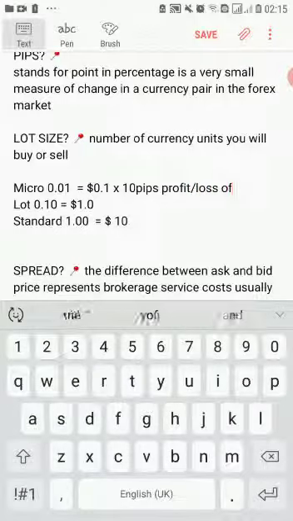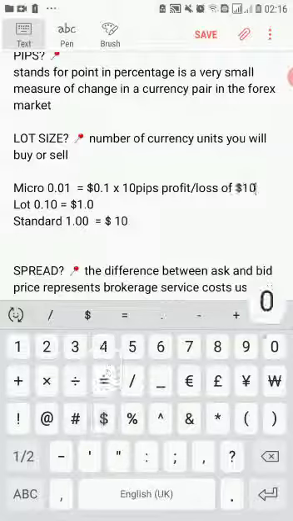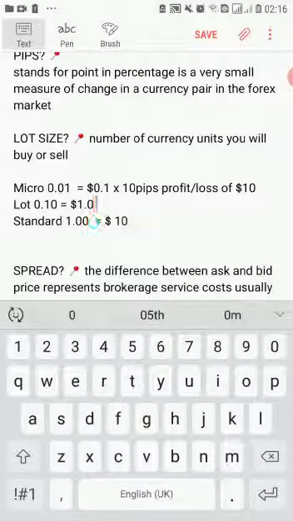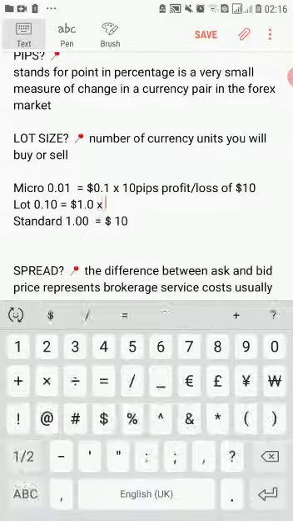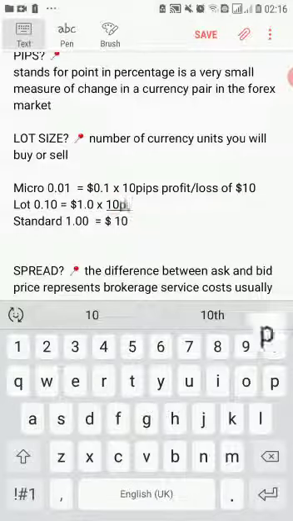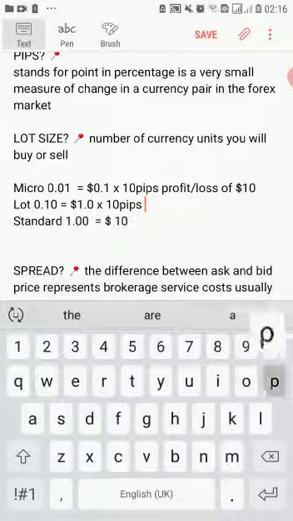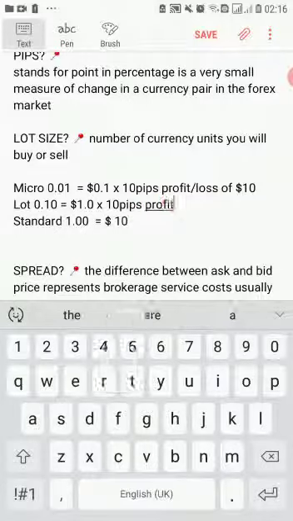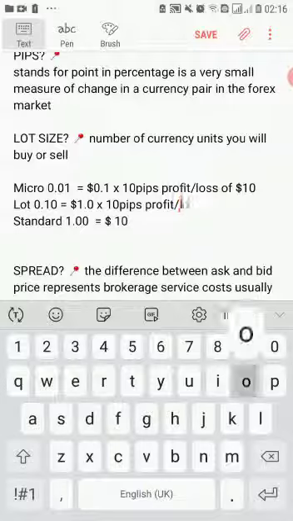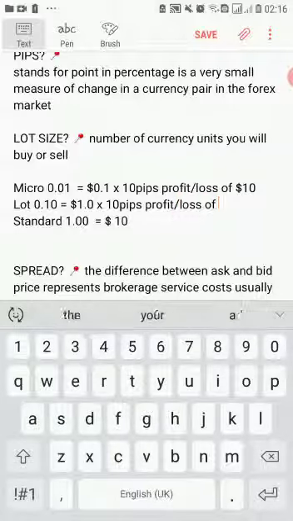If you use a micro lot of 0.01, I'll just use the word betting for now, you're opening a position of 10 cents. So for every pip that it moves, whether positive or negative, it will be 10 cents per pip.